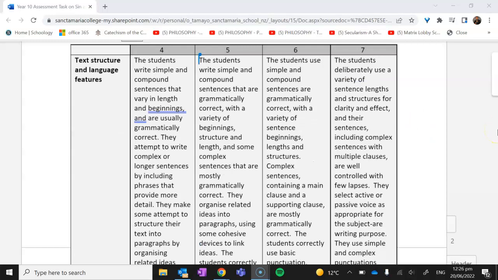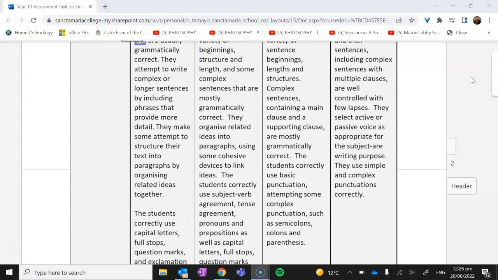We will also look at your literacy level, and this will be marked from 4 to 7. Let's look at 7. Text structure and language features. The students deliberately use a variety of sentence lengths and structures for clarity and effect, and their sentences, including complex sentences with multiple clauses, are well controlled with few lapses.